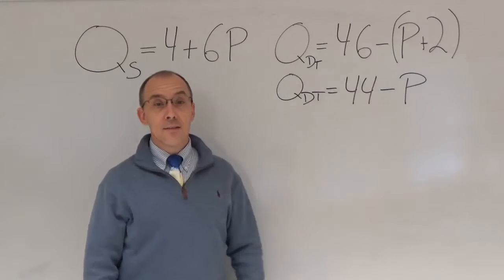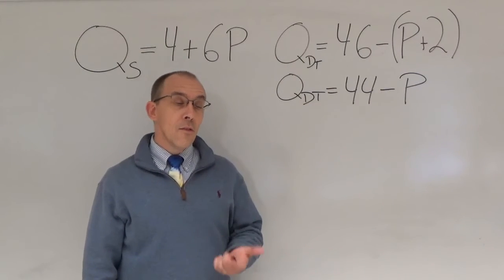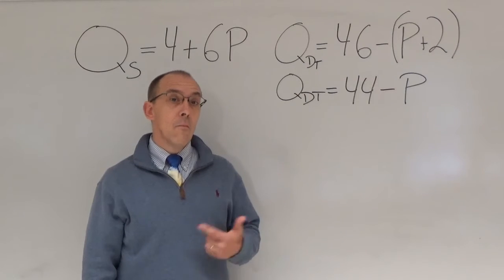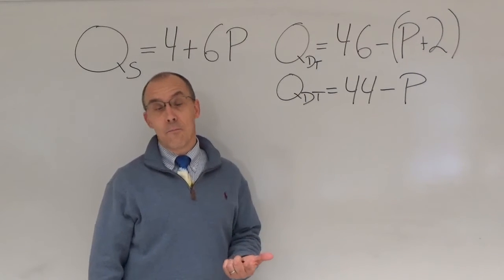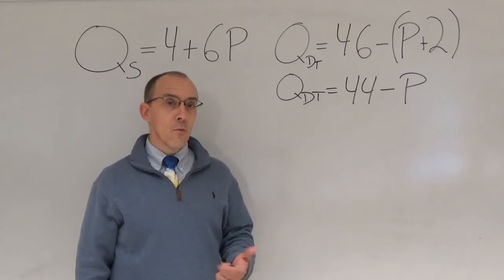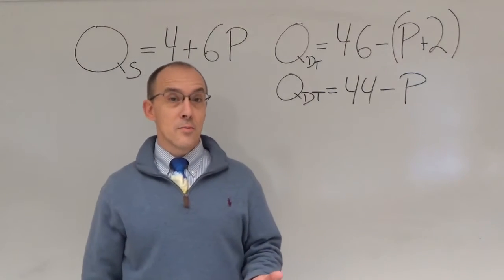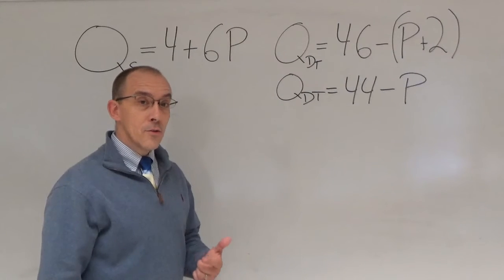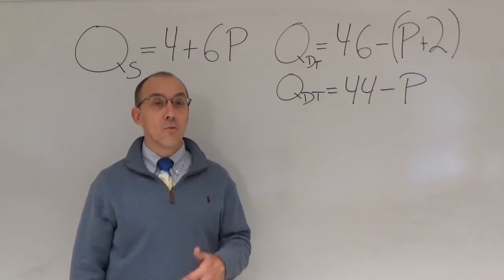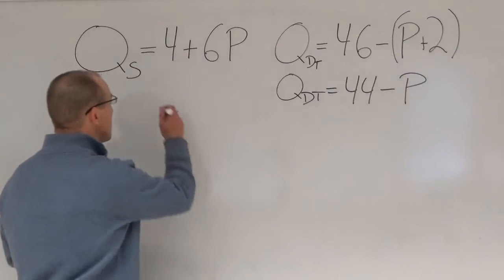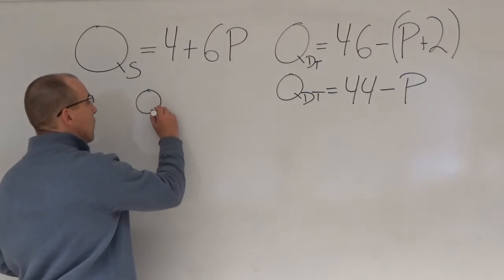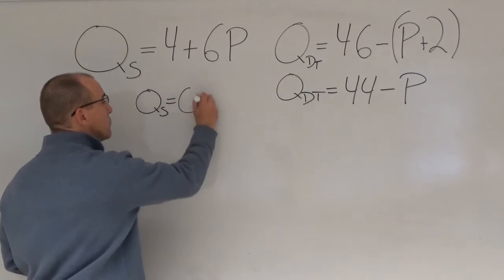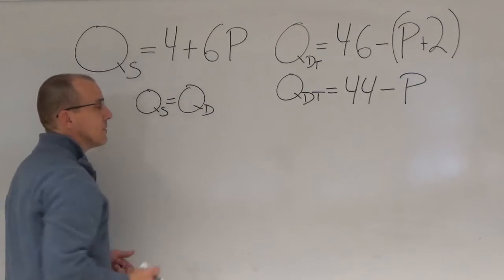This basically reflects the fact that the tax has made it more difficult for people to actually buy in this market. So fewer people are willing or able to buy the good in this market now due to the tax. From here, I go back to my original idea of an equilibrium condition, because the market is still functioning. My quantity supply will still be equal to my quantity demand.